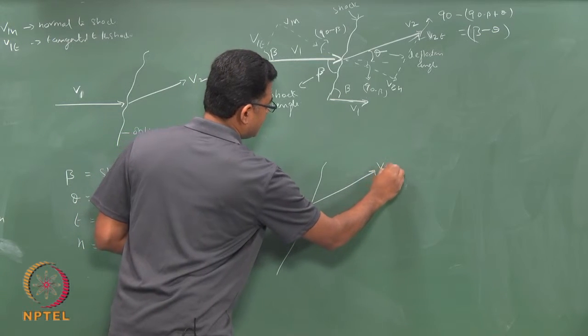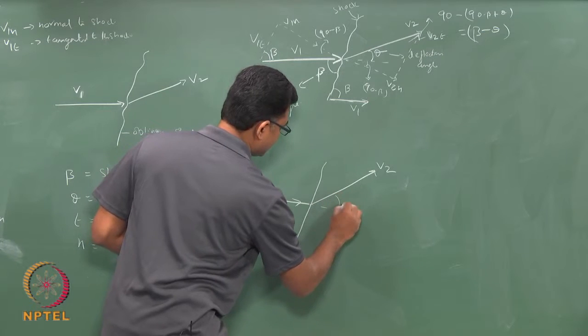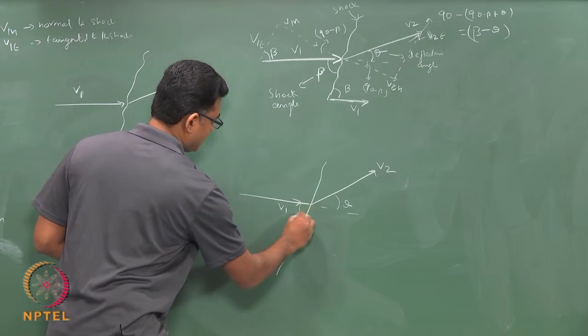Okay. So, if I redraw this, I have the shock, I have V1 and it is deflected to V2. Okay. So, the deflection angle is theta, this is my beta.